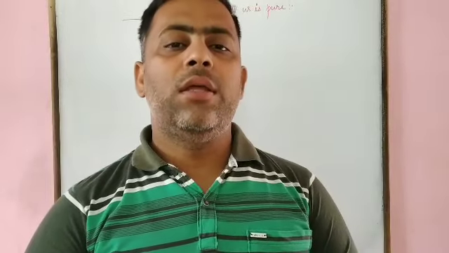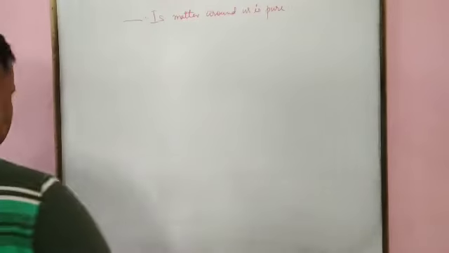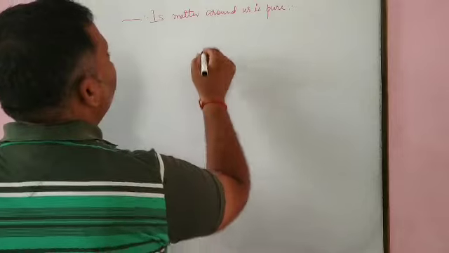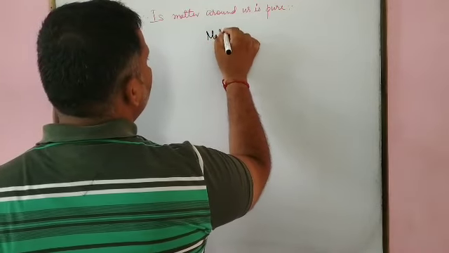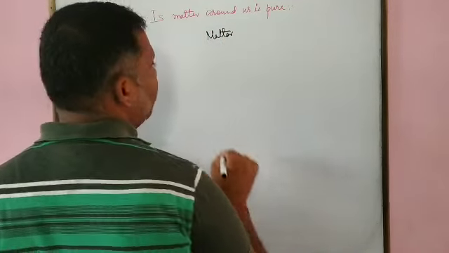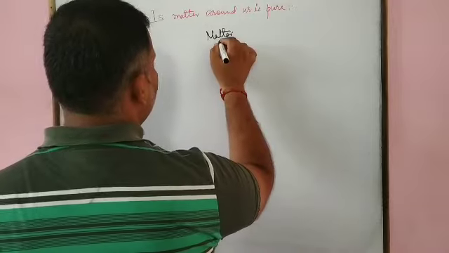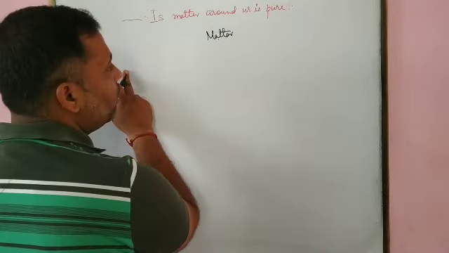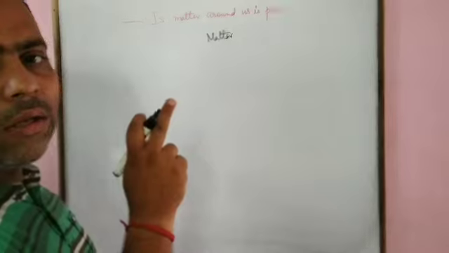But we know the matter around us is pure as well as impure. Let us categorize them as pure and impure. But in the previous chapter we have discussed what? That matter, based on the physical property, is categorized into solid, liquid and gas.